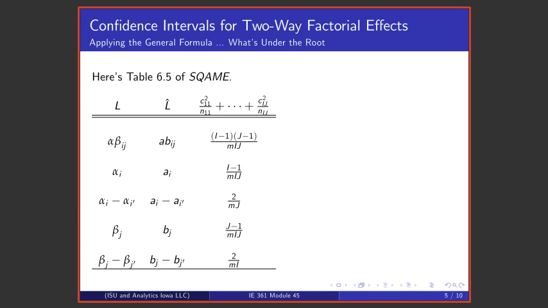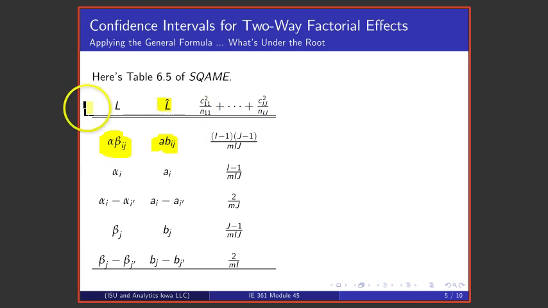So, for example, the interaction of factor A at level I with factor B at level J that we have symbolized as ABIJ has a corresponding theoretical counterpart.